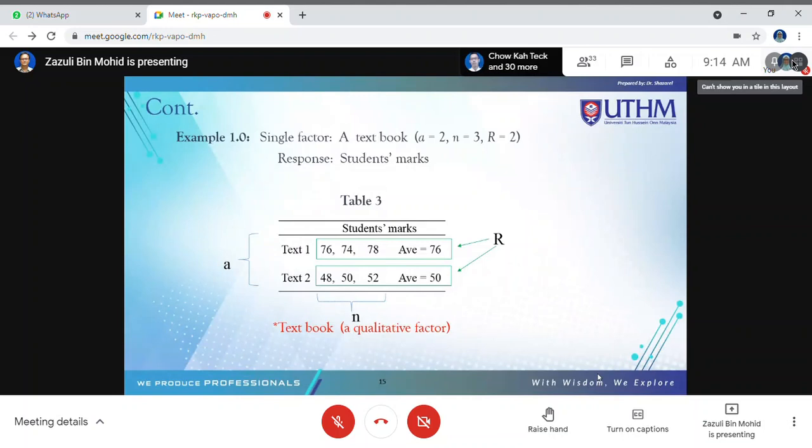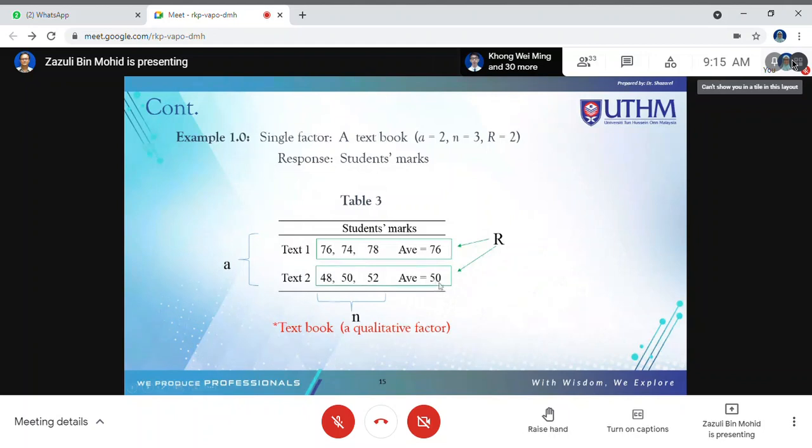From each level we have three trials, and we have two responses. At the end we have averages of 37 and 50. This is the final response of this experiment.